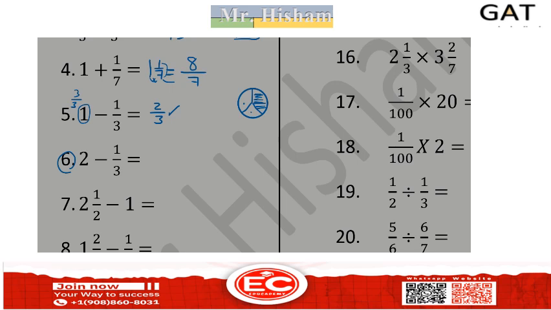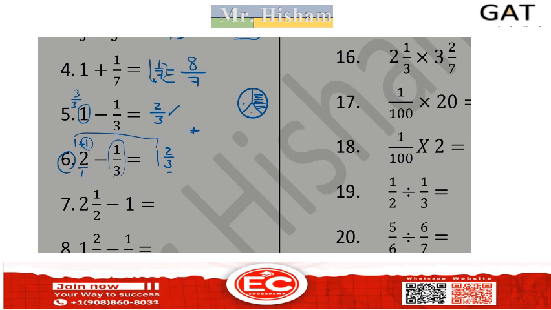For 2 minus a third, you can think of adding 1 below the 2 and solve it as a fraction, or you can think of 2 as 1 and 1. 1 minus a third is 2 over 3, and I put down the 1.